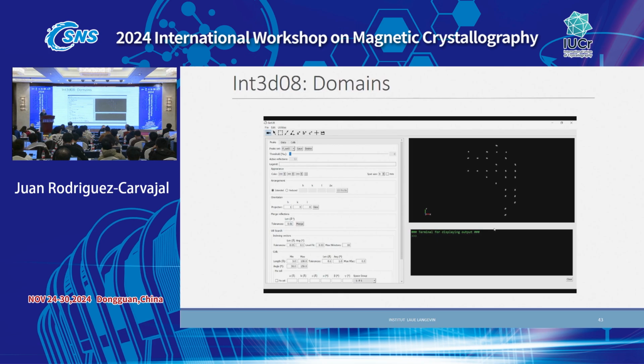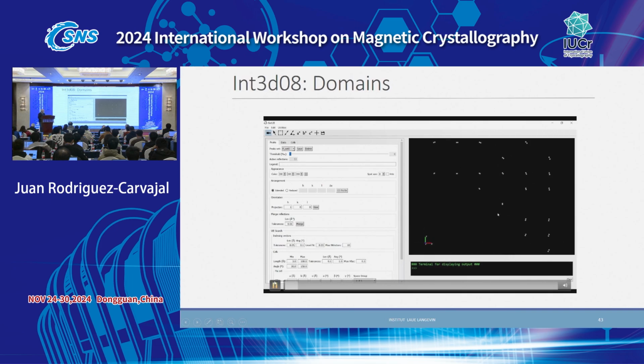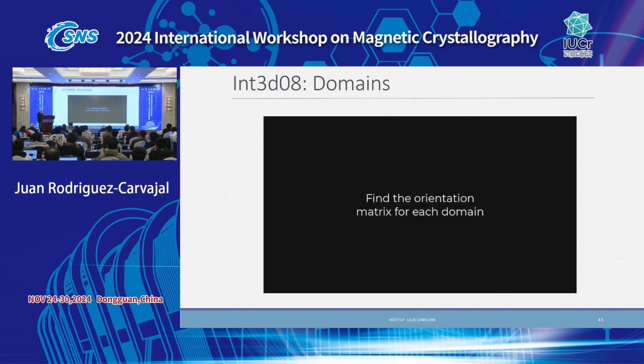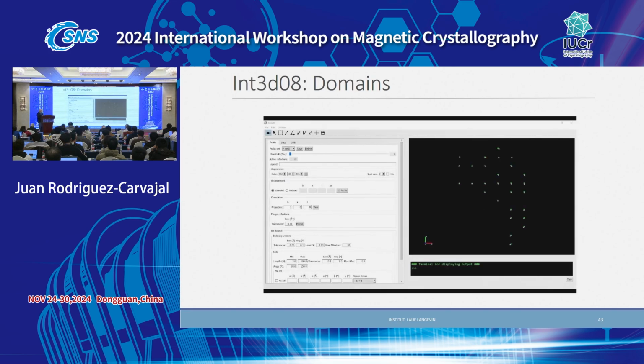You can also work with twins. For instance, you can select by hand a few peaks for twinning, then you will get the orientation matrix of each particular twin, and you can find the orientation matrix for each domain.